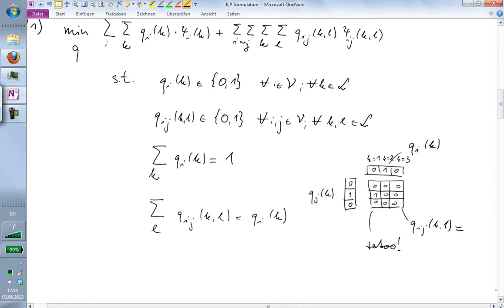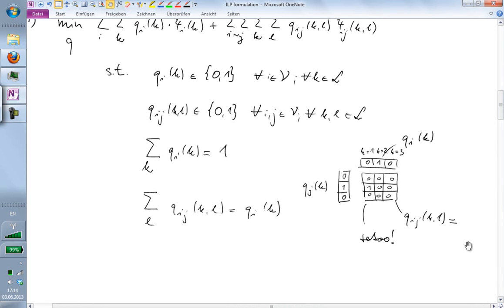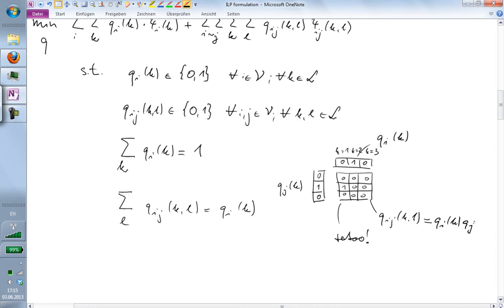I can write this as qi of k times qj of l. This is a condition that should hold, and it's violated here. So this line tells me that my 1 should be somewhere in this line or row. This one tells me it should be in that column, but the 1 is elsewhere. So the solution is taboo.